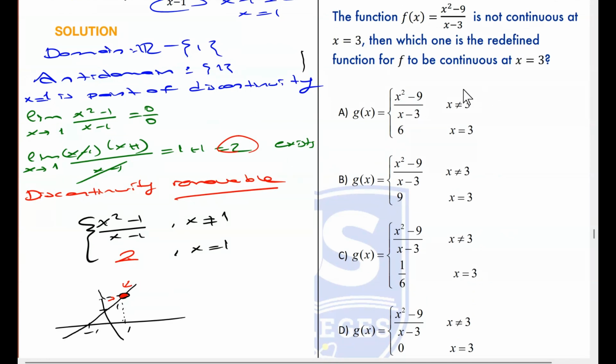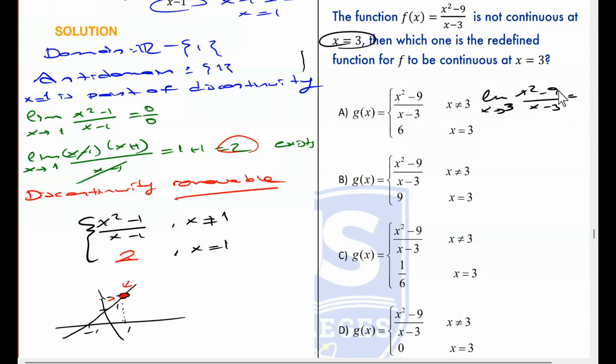Okay, let's figure out the limit. Limit as x approaches what? 3, right? 3 is the point of discontinuity. It's what makes the denominator 0, what makes the function undefined. So the limit as x approaches 3 of (x squared minus 9) over (x minus 3).